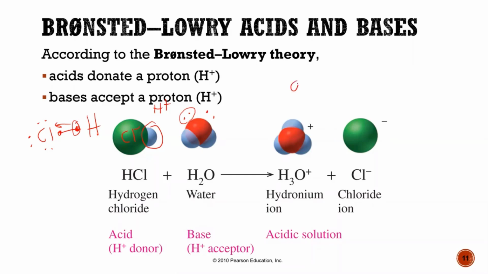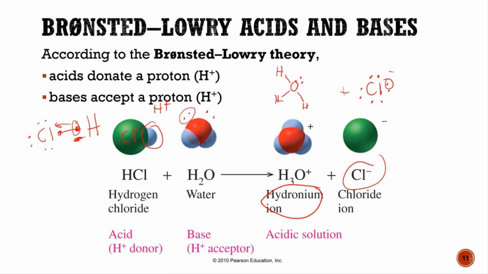So what I end up getting is what's referred to as the hydronium ion. And the chloride is happy in solution as a negatively charged chloride ion because it took hydrogen's 1 electron to form an octet.